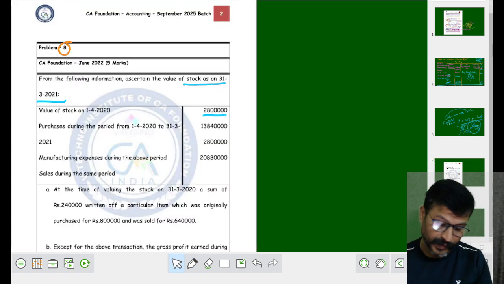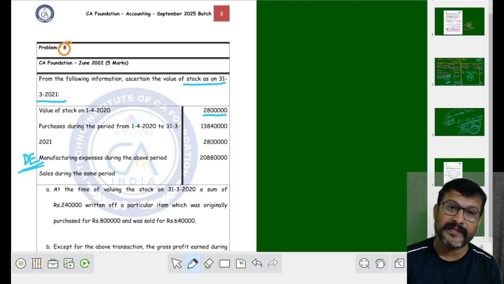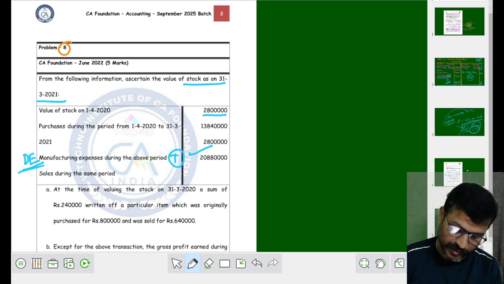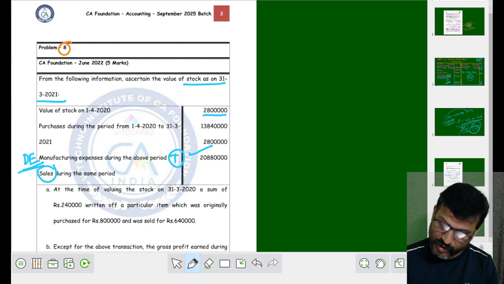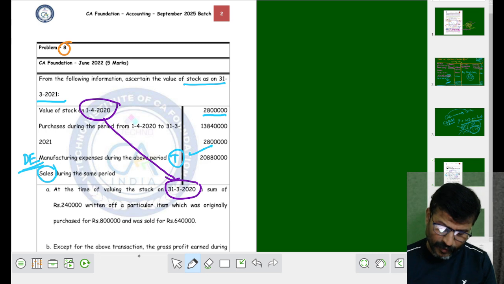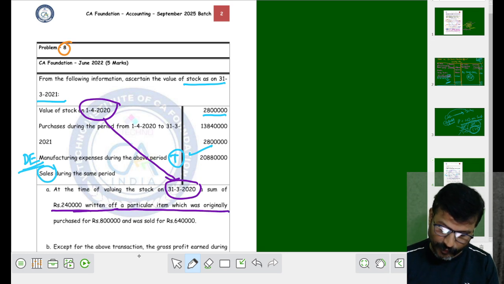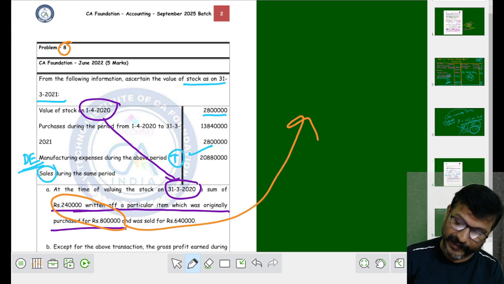Fine. Now, we have purchases and manufacturing expenses, called direct expenses, which come in the trading account. Sales is also given. At the time of valuing the stock on 1st April 2020, a sum of 2,40,000 was already written off on a particular item which was purchased for 8 lakhs. See, you have purchased for 8 lakh, 2,40,000 is already written off.